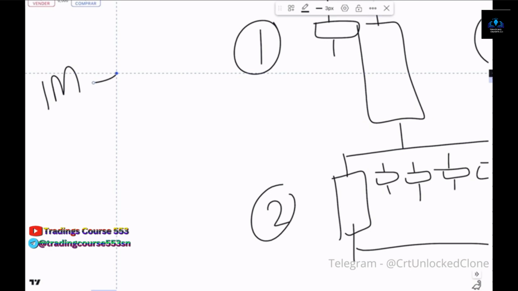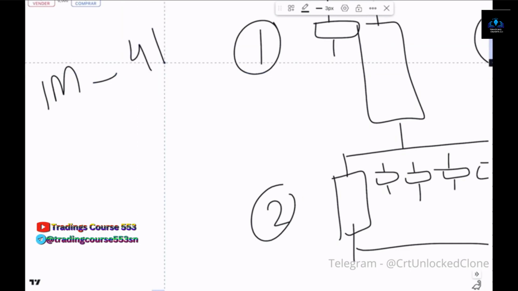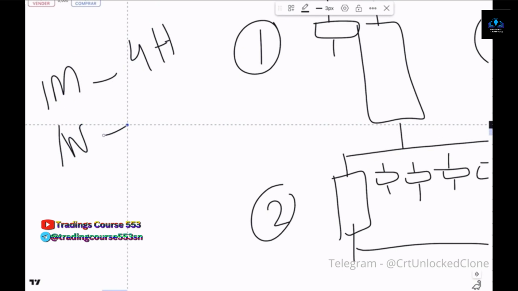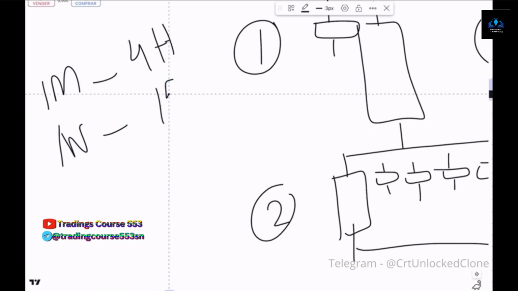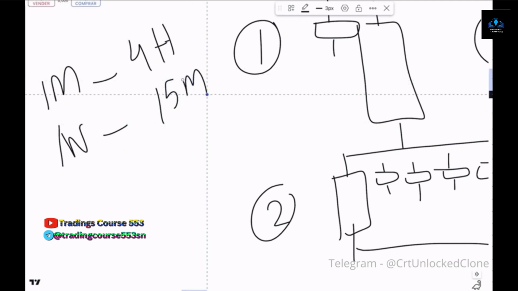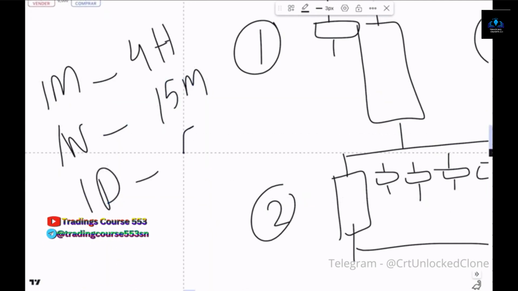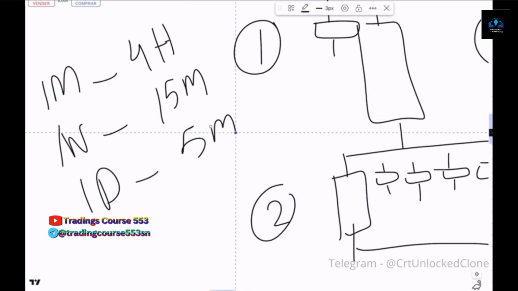Remember the entries? Model 1, breaker, and OTE, anchors of death. For the monthly candle, you're going to try and go down to the 4 hour. Look for model 1 over there. The 1 week, you're going to look down into the 15-minute model number 1. The daily candle, you're going to look into a 5-minute model number 1, right?